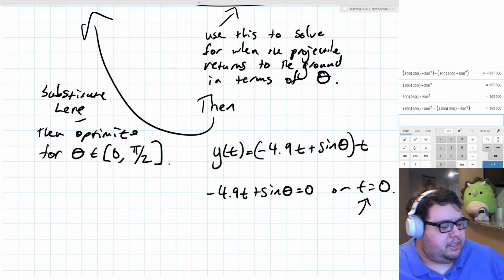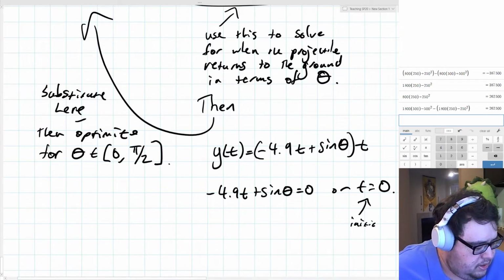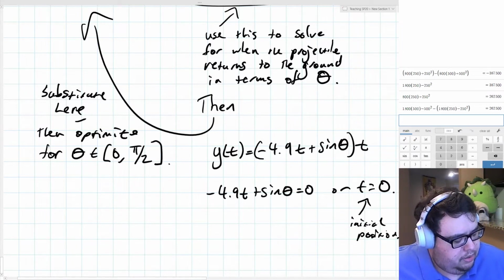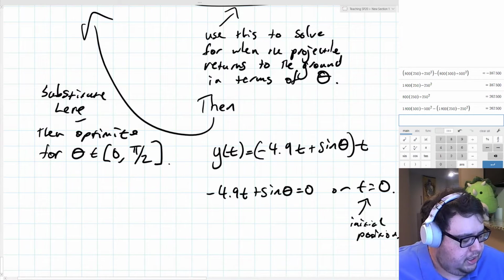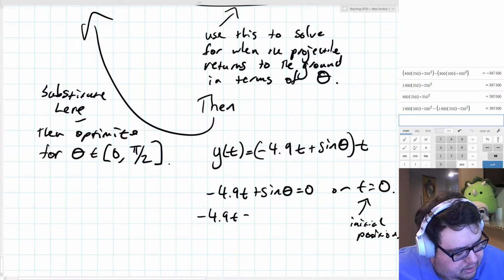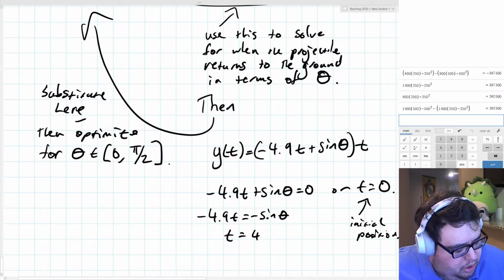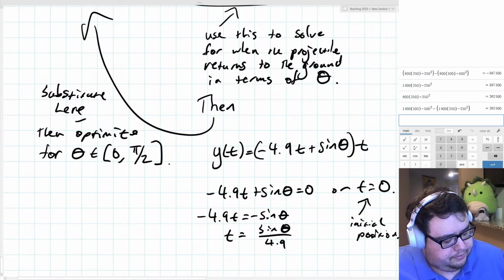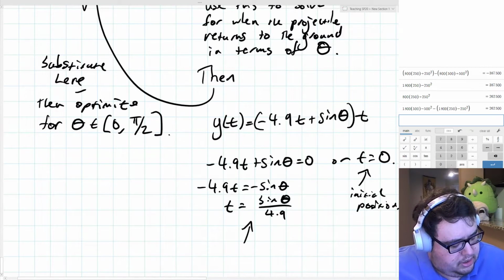That tells us that we started at 0. This other root over here from the negative 4.9 t plus sine theta, this one actually matters a little bit. We can solve for t. Negative 4.9 t is equal to negative sine theta. So t is equal to sine theta over 4.9. So this is the time when the projectile returns to Earth.